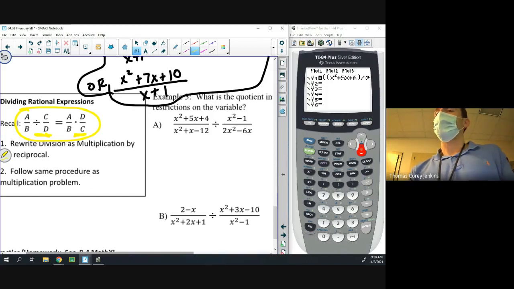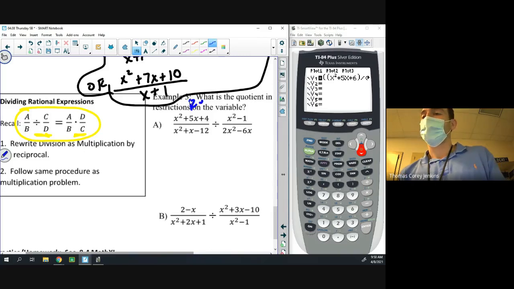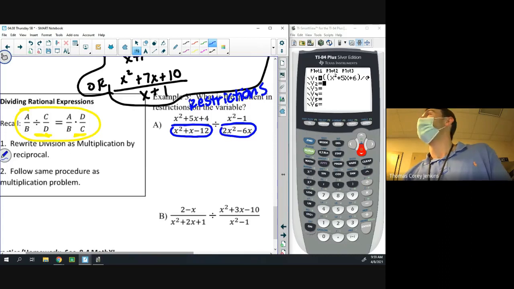So restrictions on this come from 3 places, all right? So restrictions, that's where we say x can't be equal to whatever. Restrictions come from here. You might have guessed that. Restrictions come from here. You might have guessed that. But where most people wouldn't think is they also come from here.